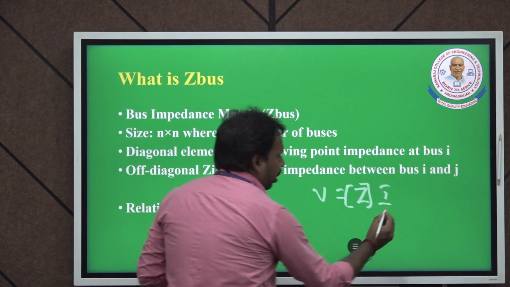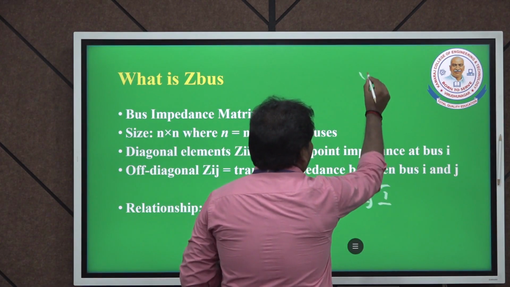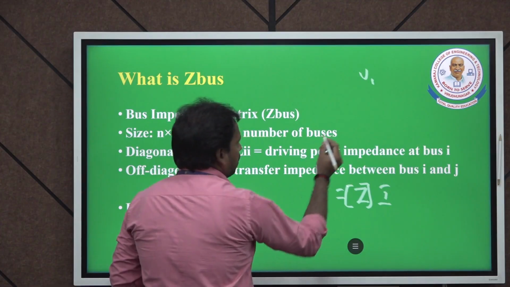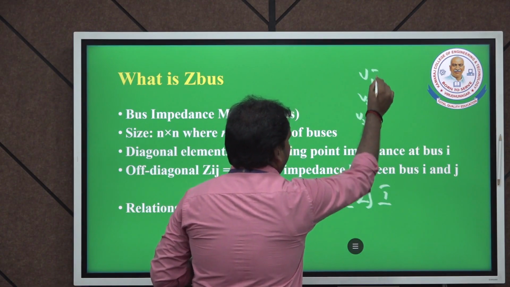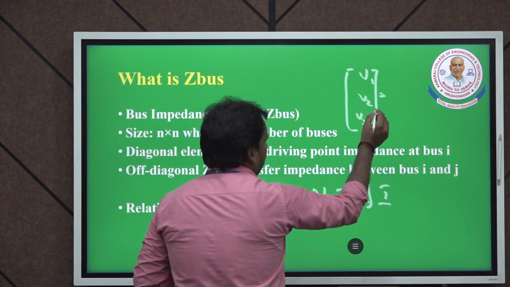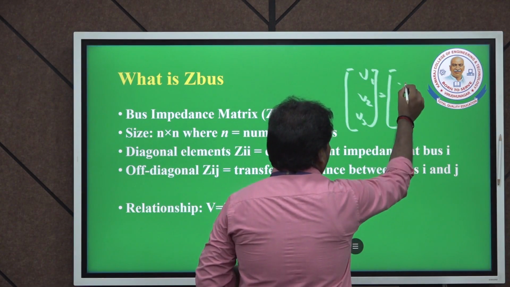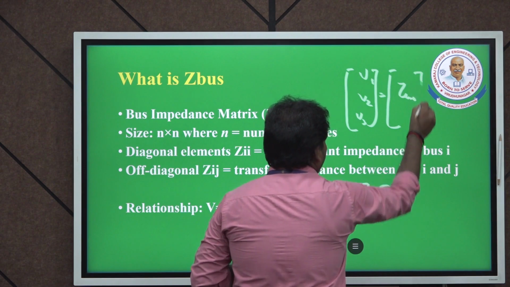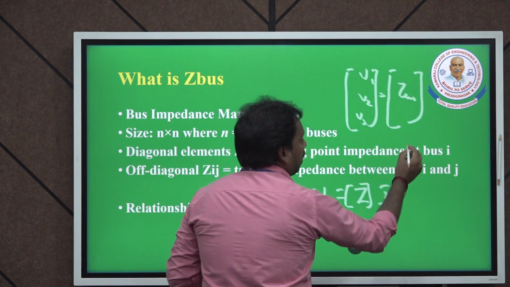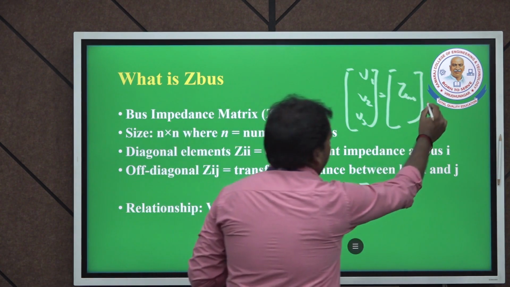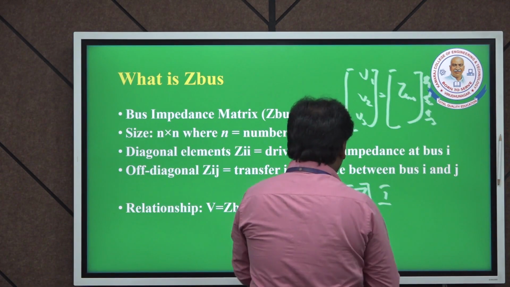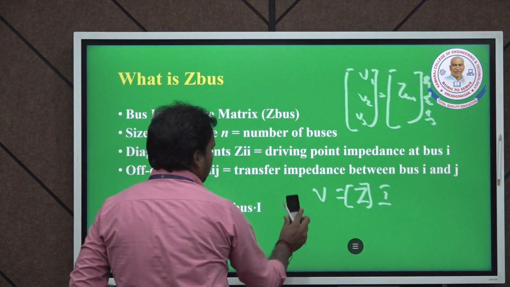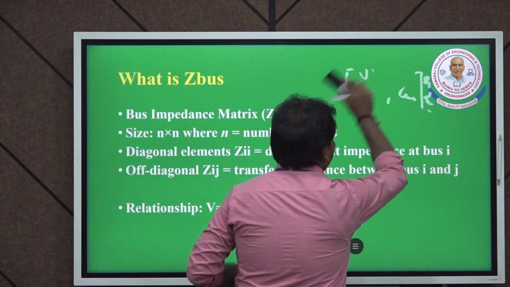When the number of buses increases to V1, V2, V3, we can find the voltage and current values using Zbus. For a 3 bus system, Zbus is a 3 cross 3 matrix with currents I1, I2, I3. Likewise we can write. So this is the Zbus.